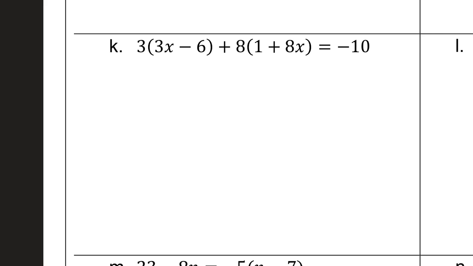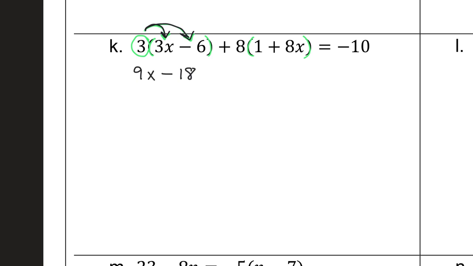So we have our sets of parentheses here that we need to distribute to. So we're going to take this 3 and multiply it to what's in that first set of parentheses. So we get 3 times 3x gives us 9x, and 3 times negative 6 gives us negative 18.